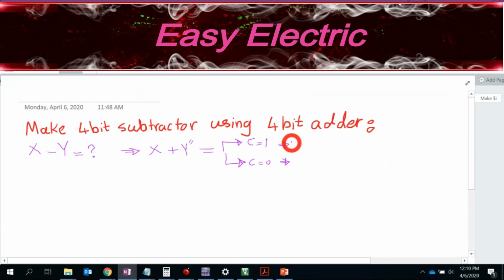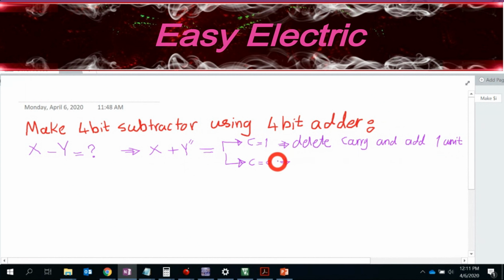We say you eliminate the carry, delete the carry, and add 1 unit to what you got as x plus y double prime.